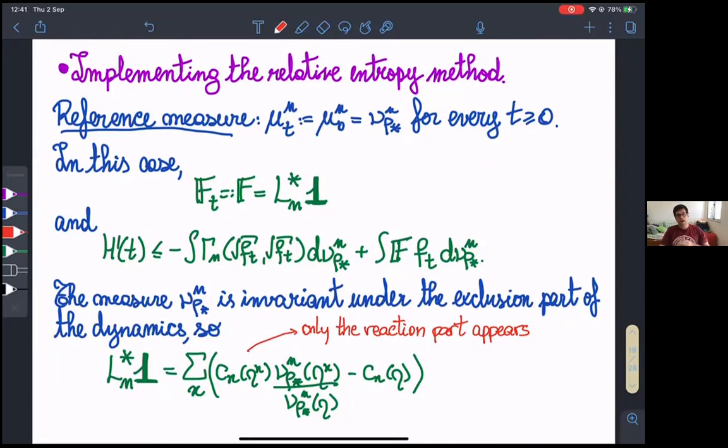We make an educated guess for how this stationary state should look. The only thing we discovered from this theorem is that the density is rho star. So we say, okay, at zeroth order, or at some degree of approximation, maybe this product measure nu_rho star is a good approximation for the stationary state.